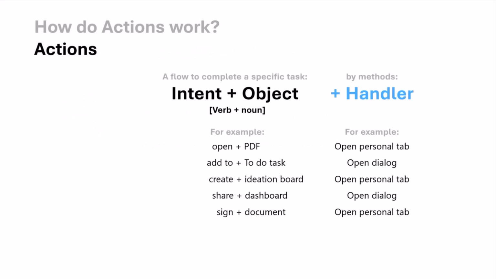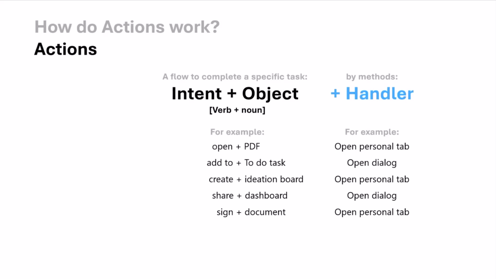From a developer's perspective, actions can be understood in three concepts: intent, object, plus handlers. So when a user wants to complete a specific task, it can be described by intent plus object: basically a verb of what the user wants to do, like open, add to, create, and a noun, basically what object the user wants to perform it on, like a file or a task, a word, something else.